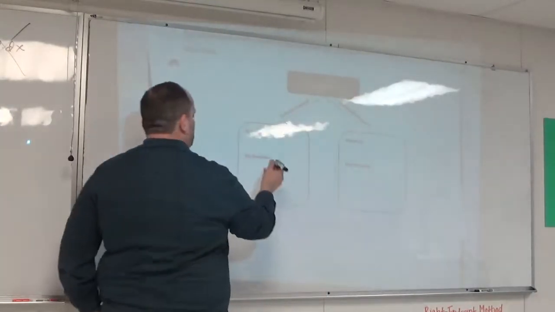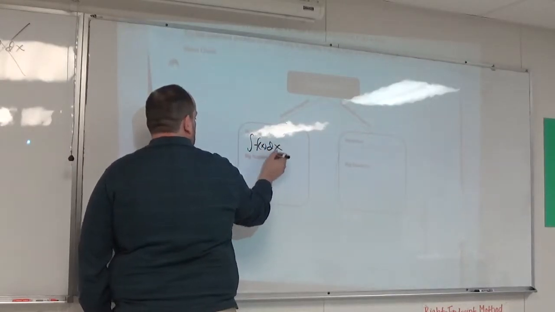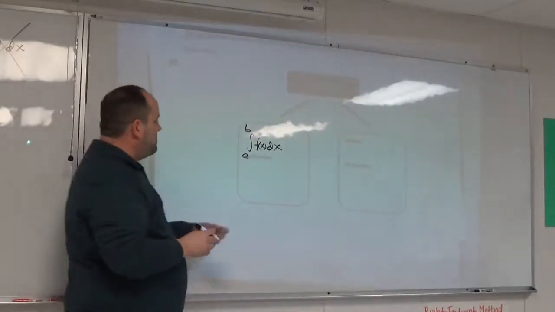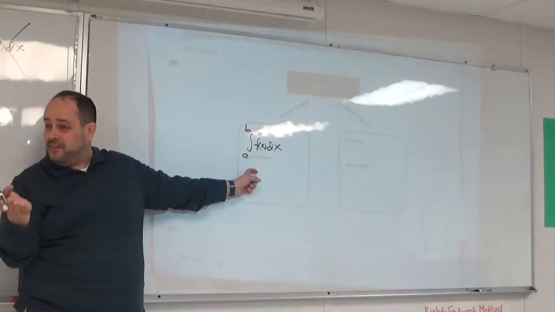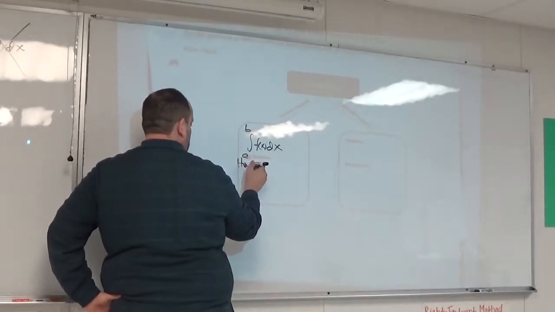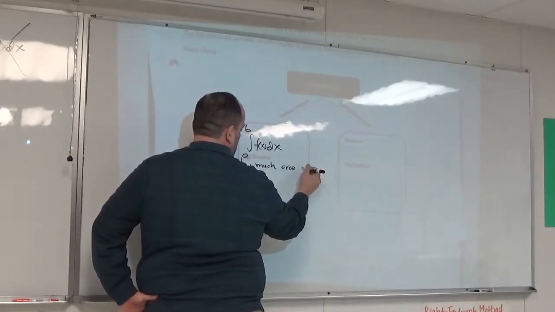The definite integral, you guys know that notation. It looks just like this. Right? Everybody's comfortable with this? What does it mean? What's the question that I ask or I want you to ask when you see a definite integral? The area. As a question, it's how much area? Yep, keep going. Is bounded by the x-axis.